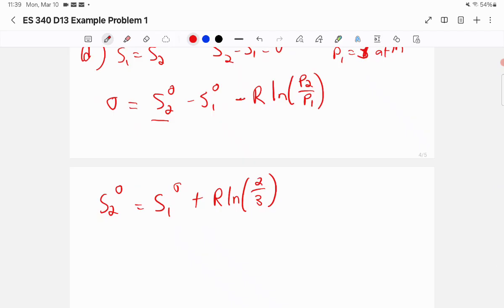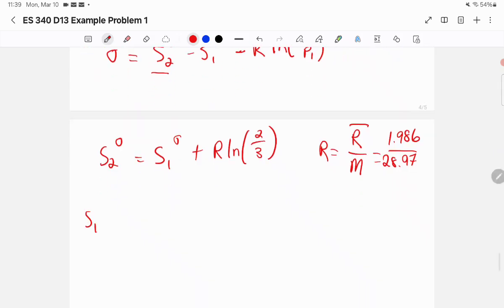And we need to find R for air. Because in this case we're using English units, we need the R in terms of English units, right? R is going to be equal to, again, R bar over M. And that one is going to be 1.986 divided by still 28.97, the same ratio of units there.